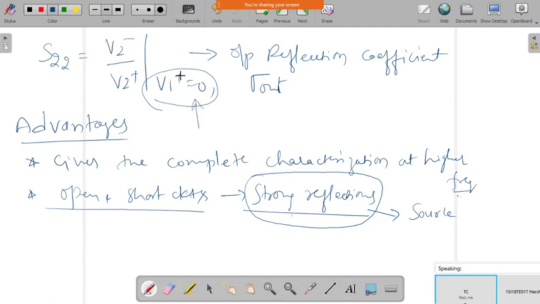Whenever we use matched terminations, they absorb the incident energy at a particular port, and they reduce the strong reflection so that the device or the source can be in the safe mode, given this strong reflection.